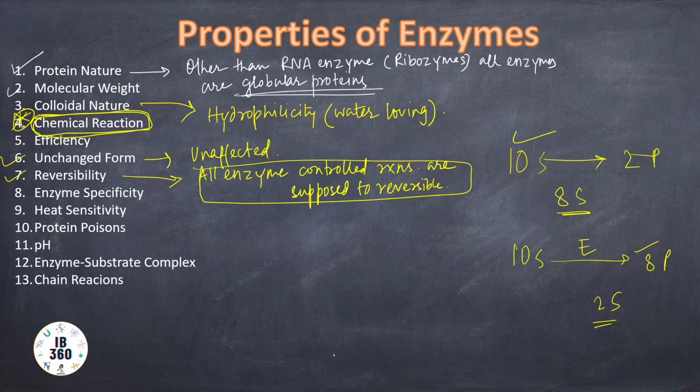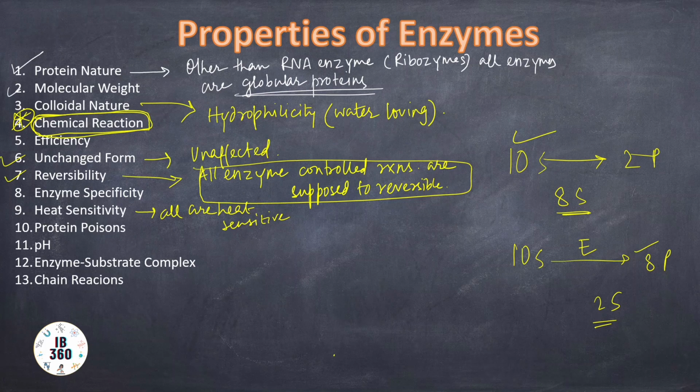Then the next thing is heat sensitivity. All enzymes are heat sensitive or thermolabile. Okay, all are heat sensitive. Protein poisons. So, being made of proteins, enzymes are inactivated or denatured by all those substances and forces which are capable of destroying protein structure.